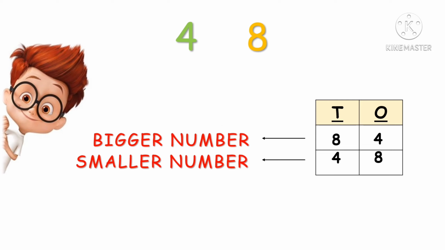We will use the greater sign to indicate the bigger number, and among 48 and 84, 84 is bigger, so we'll use the greater sign. So students, we have learned how to form numbers.